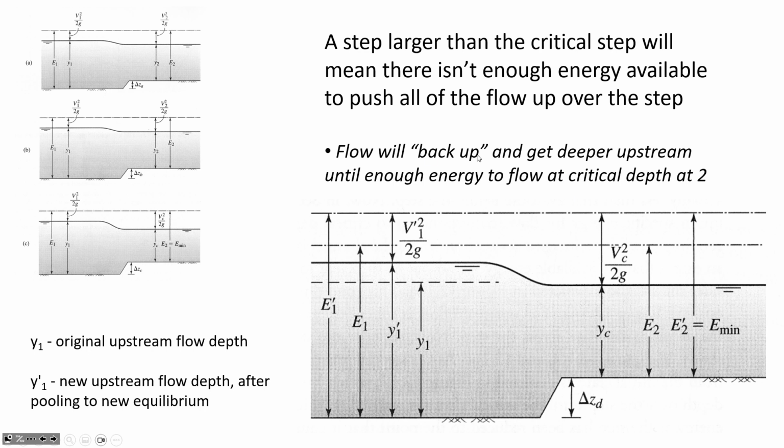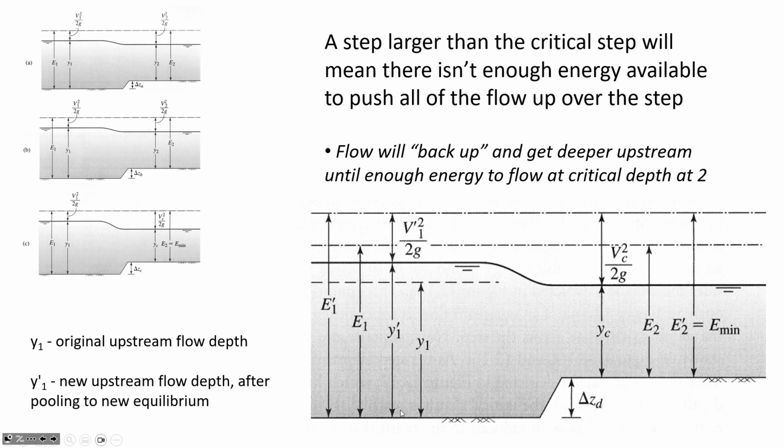So the flow will back up and continue to get deeper until there's just barely enough energy to get over the obstacle. And the minimum amount of energy at 1 to flow over the obstacle is that depth which is associated with critical conditions. So here we've got some new notation. Y1 was the original depth prior to the flow encountering this excessively tall step. And then Y prime 1 is the new depth after the pooling.